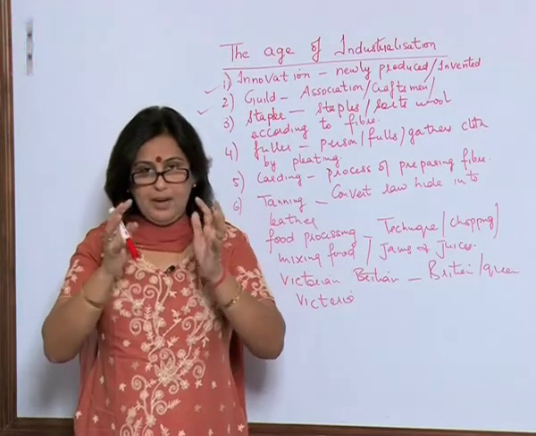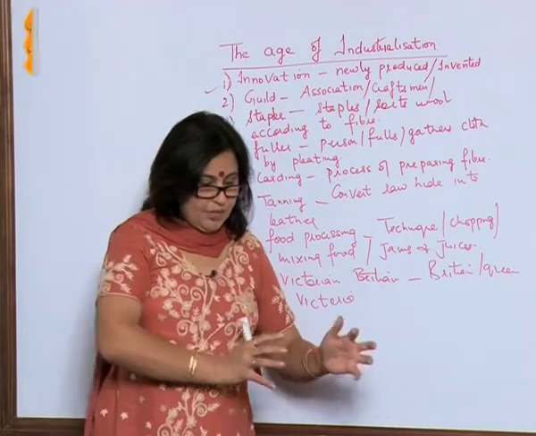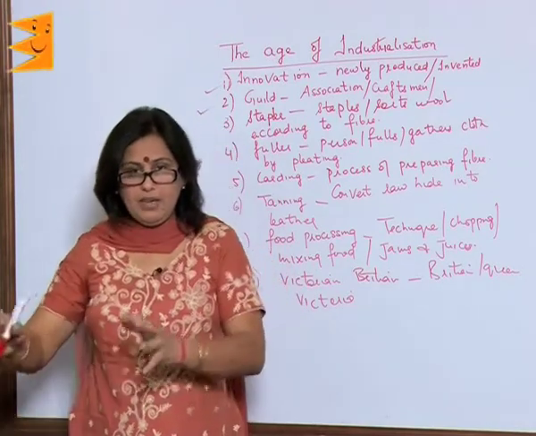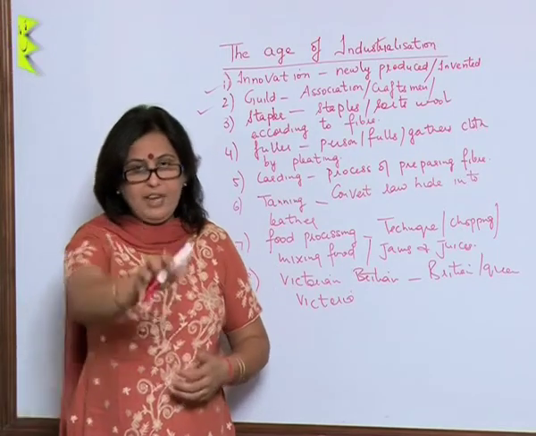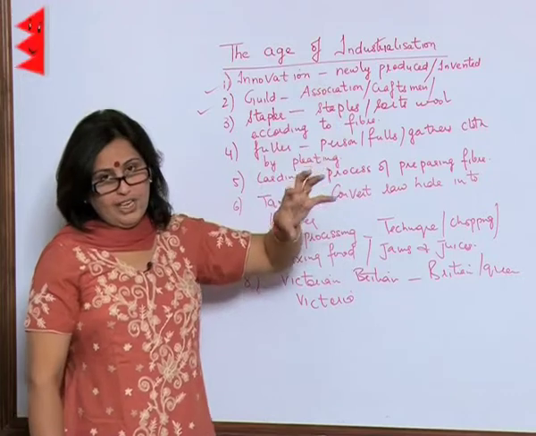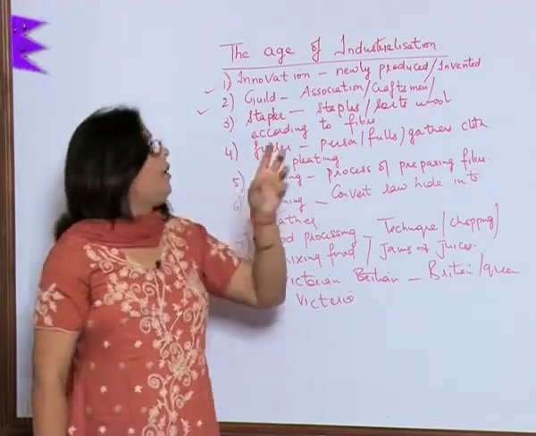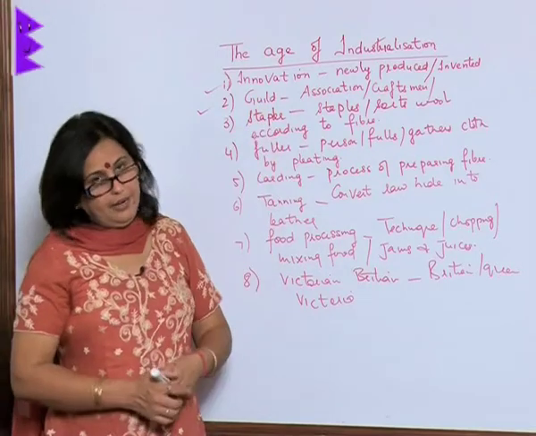So, they started making groups for themselves. That is, the merchants had a separate group, the bankers had a separate group, the traders had a separate group. So, that group and association of similar professional people was called as guild.